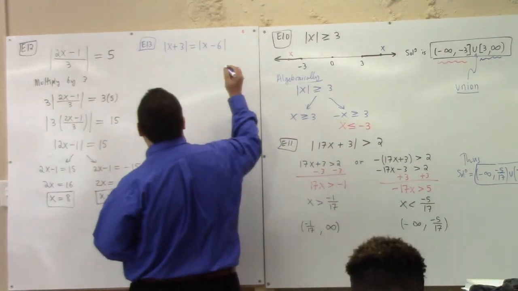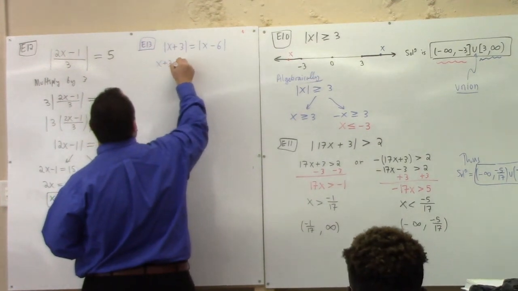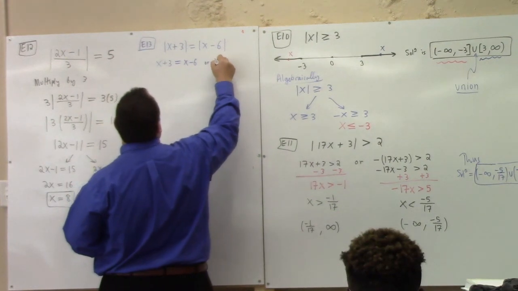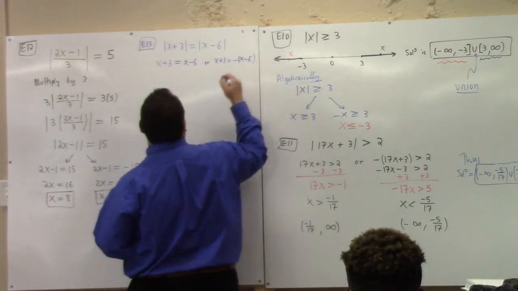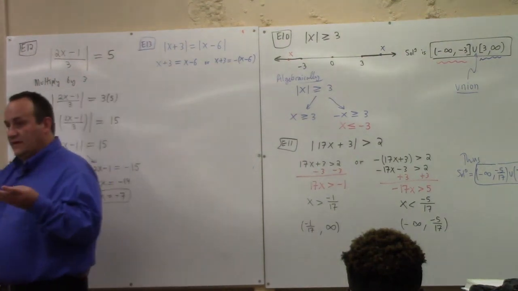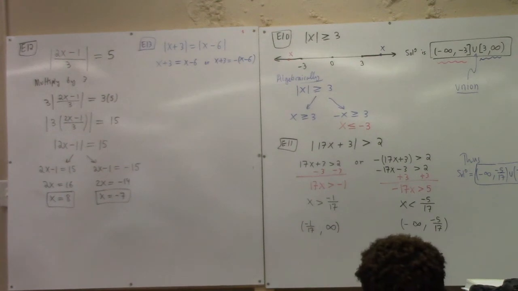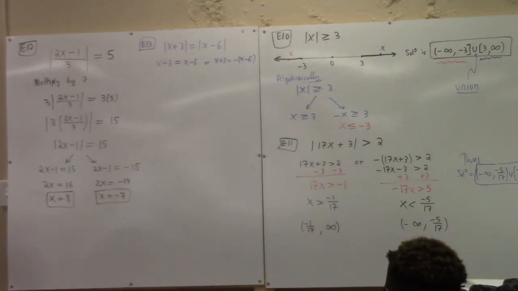So what I would say is, this means that either x plus 3 is equal to x minus 6, or x plus 3 is equal to minus x minus 6. Either they can match in sign or they differ by sign. Logically, that's all that can happen. They either have to match up or be negatives of each other. You sort through things.